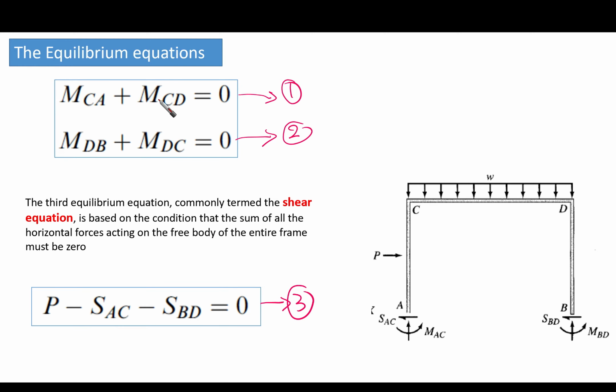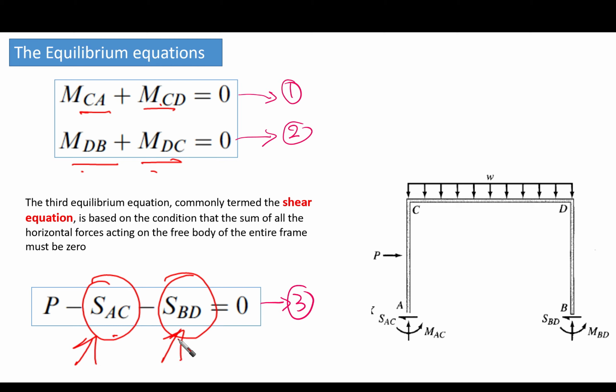In these two equations, the main composition of the equations are the end moments of the column. But in this equation, the terms are not end moments, they are shear. So this is not good for us. We want to define this shear and this shear with end moments. So how can we do this?